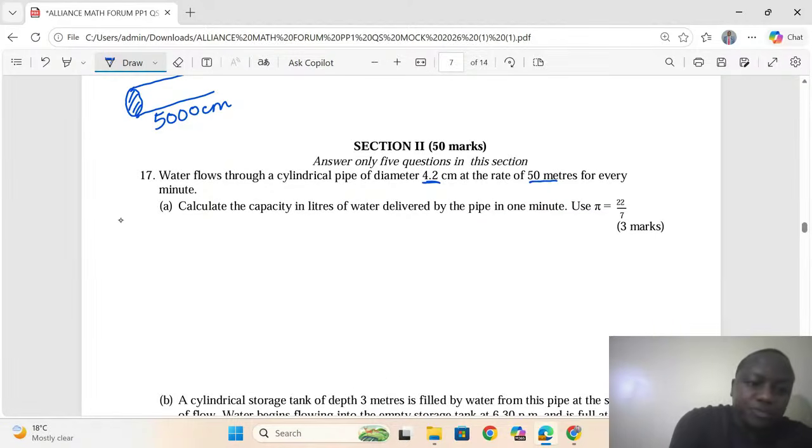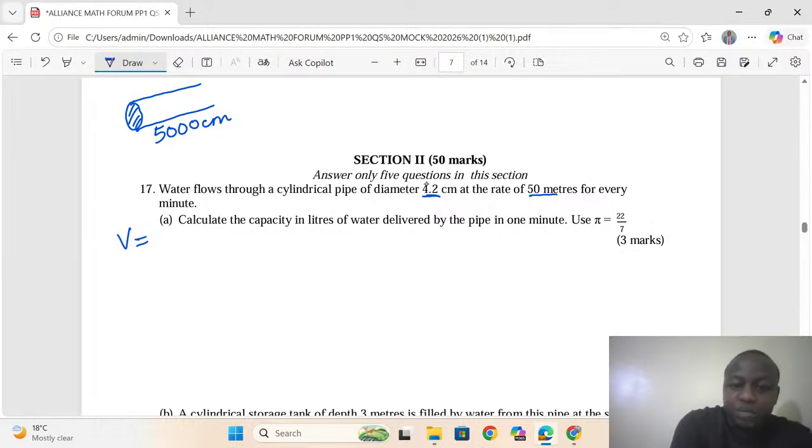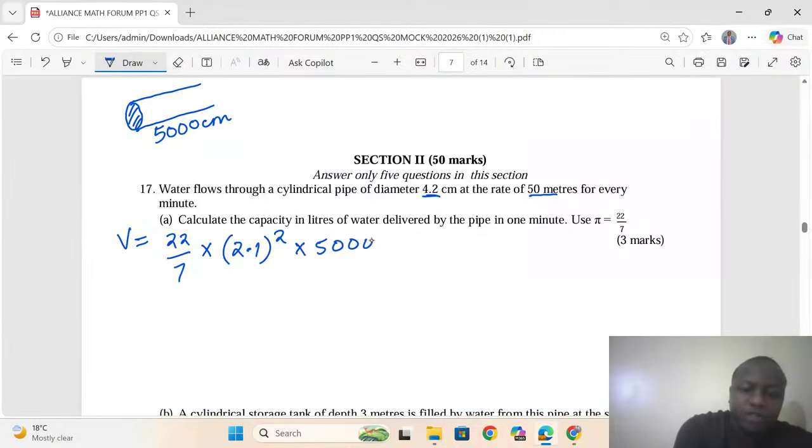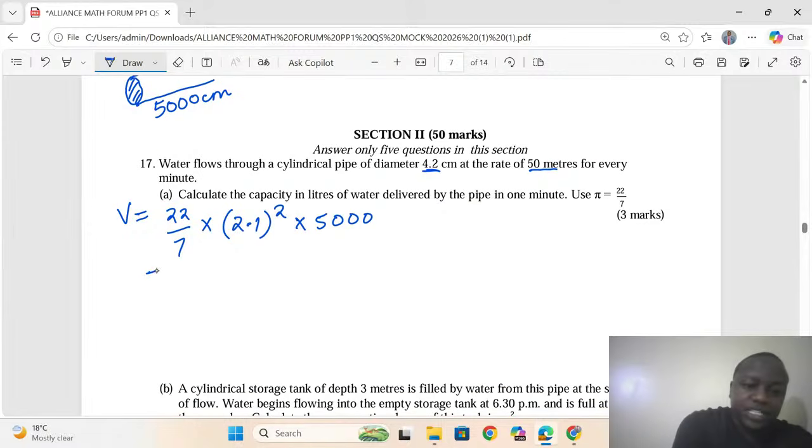Volume is usually given by cross-section area times length. The cross-section being cylindrical, it's circular. So we talk about pi times radius, which is 2.1, squared, times the length. The water shall move through a length of 5,000 centimeters.